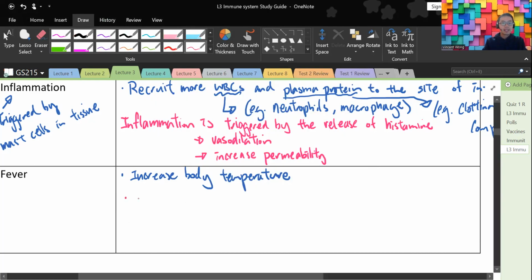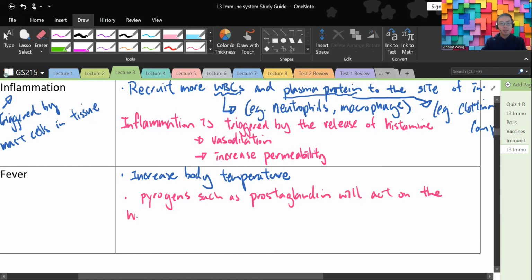And what it does is there are these chemicals called pyrogens, things that can trigger a fever. Pyrogens such as prostaglandin, which you learned in the lecture, will act on the hypothalamus, which is the part of the brain that controls many things, including body temperature.